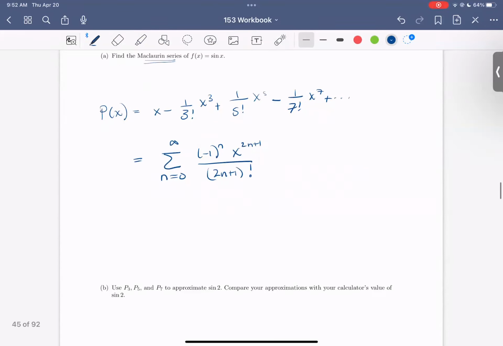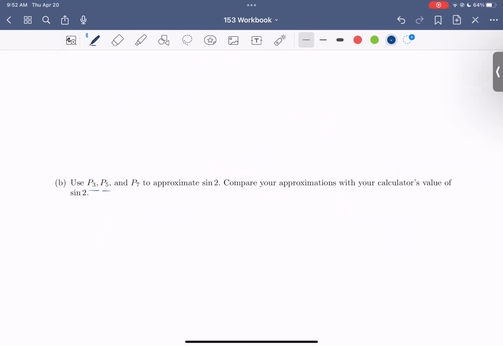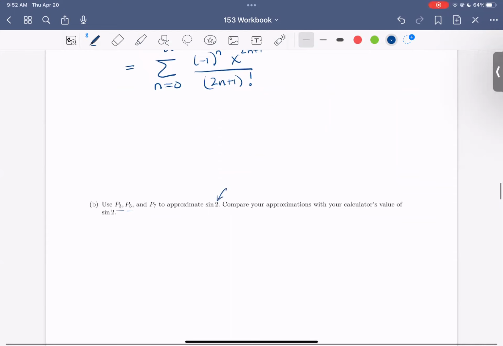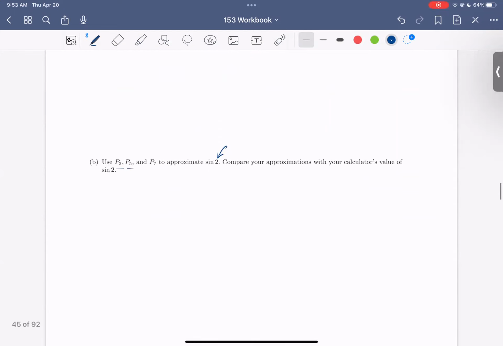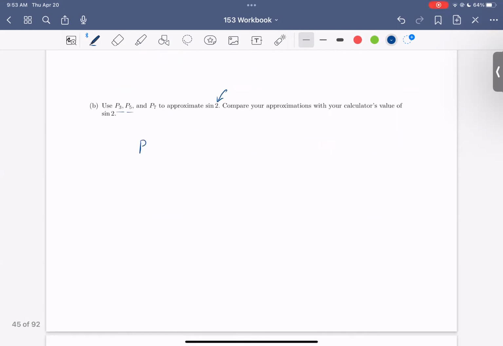Then in part B, what you were asked to do was to use some of these Taylor polynomials of degree 3, 5, and 7 to approximate the value of sine at 2, and then to compare your calculations with the value of the function sine of 2. I'm going to share those solutions because we're going to use them in example 3. The third degree polynomial evaluated at 2 is 0.666 repeated, or 2/3.